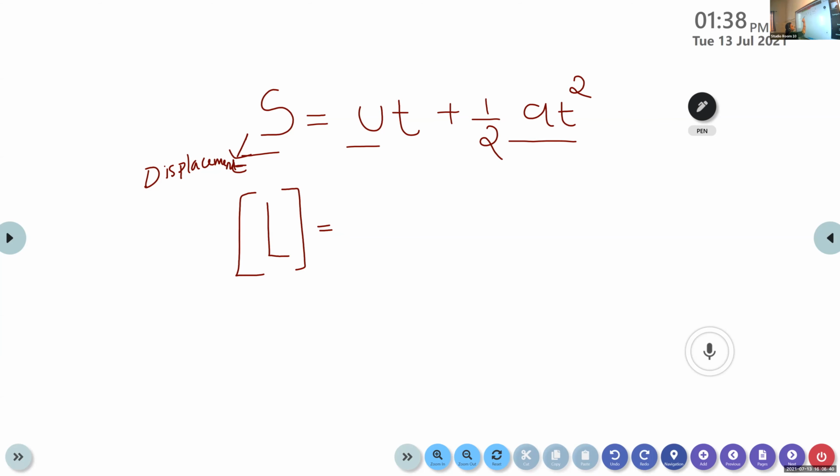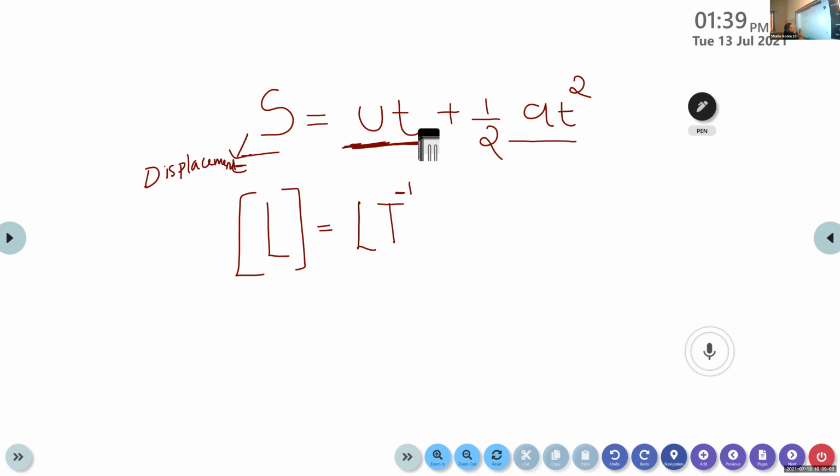The first term is velocity. The dimension of velocity is L t raised to minus 1. Along with the velocity, here we have time. So u t together are combined to make the first term of the equation.